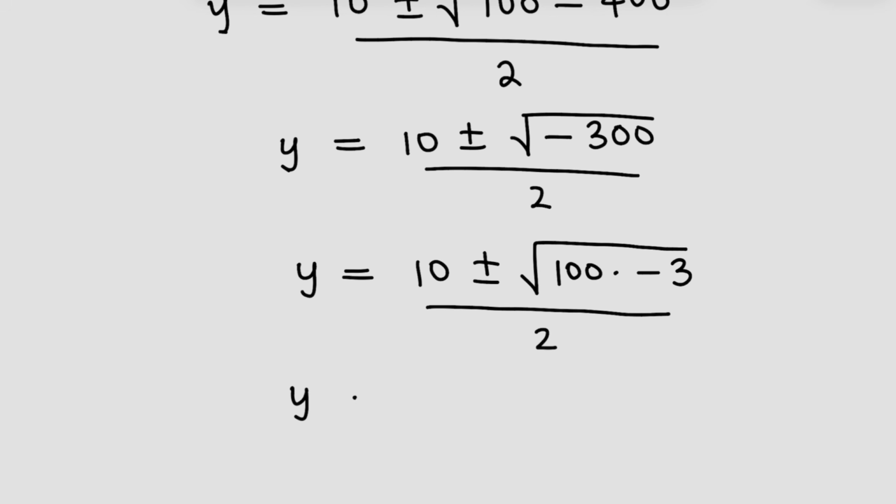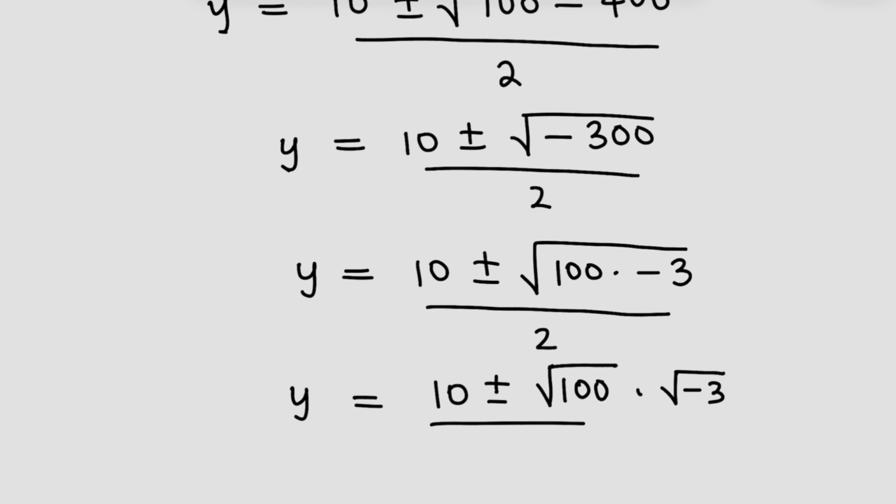So y is equal to 10 plus or minus. I'm going to separate the radical into the square root of 100, then times the square root of negative 3, divided by 2.